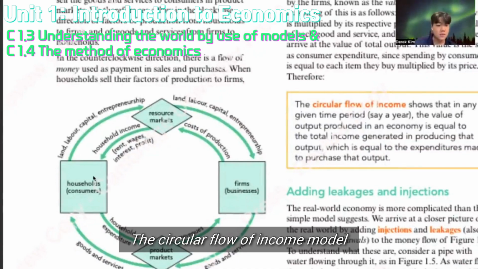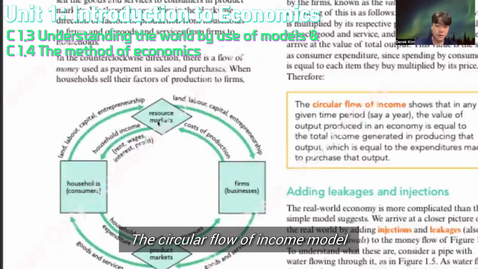So now how does this happen? Let's start from households. Households sell land, labor, capital, and entrepreneurship, the four factors of production, on the resource markets. And the firms buy the factors of production from the resource markets, while they give costs of production as a means of payment.